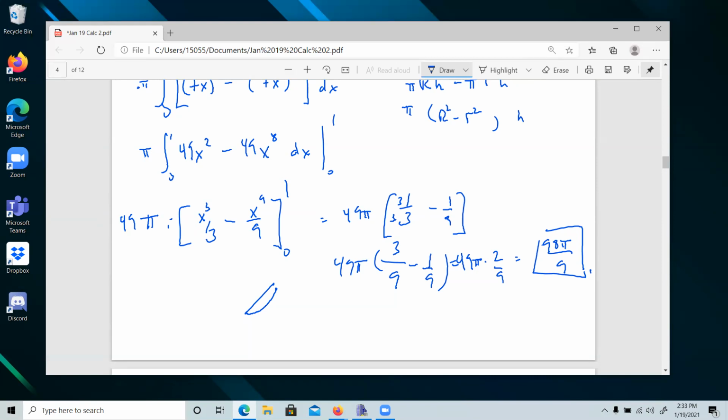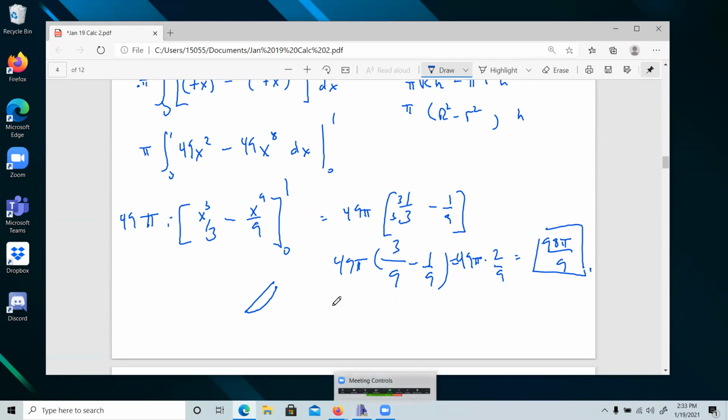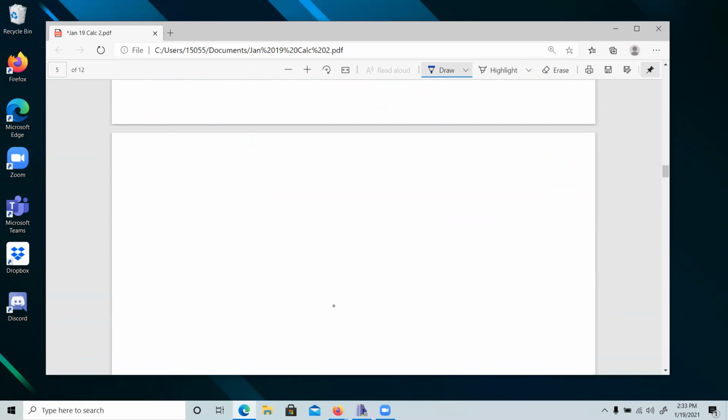All right, let's try another one here. What are we rotating this about here? Okay, this is a good one. So I've got two functions. Right, trying to trick us, right?